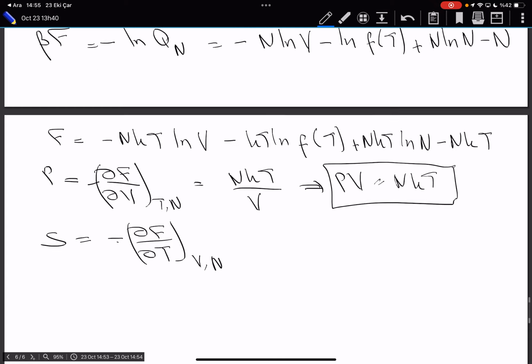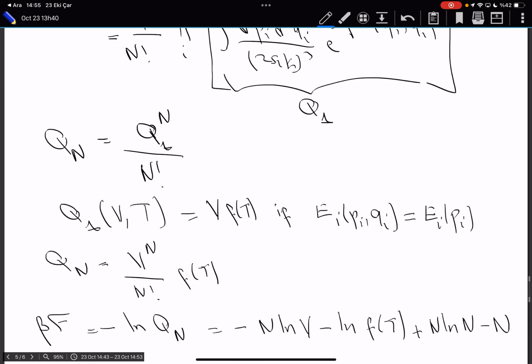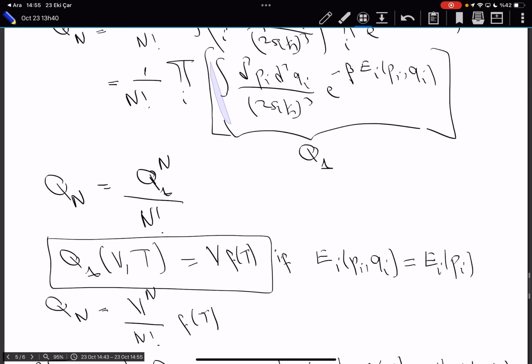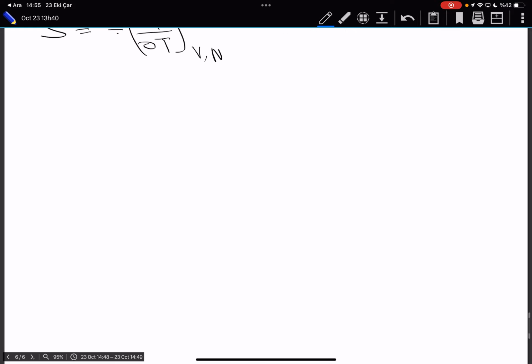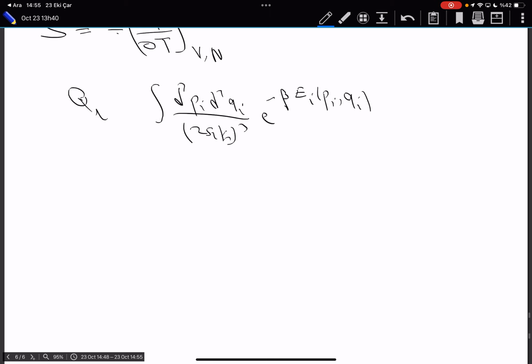So let's look at f of T. You see, we had defined it over here, and Q1 is this function. And we are looking at the case where the energy depends only on momentum.